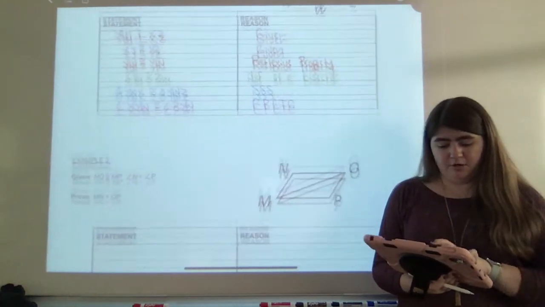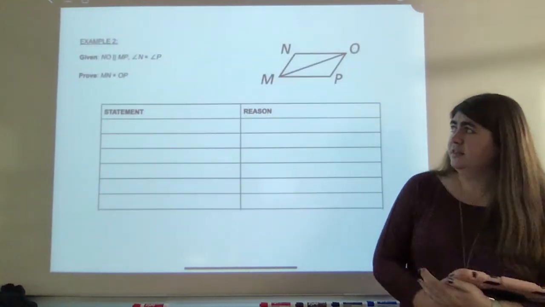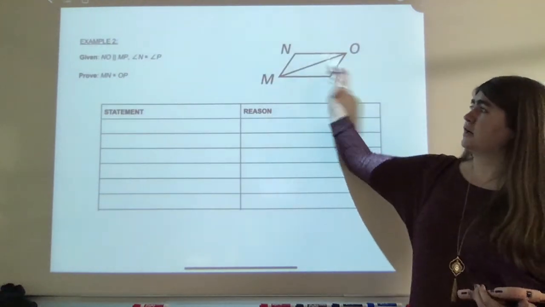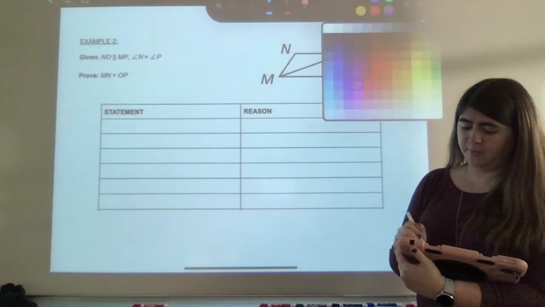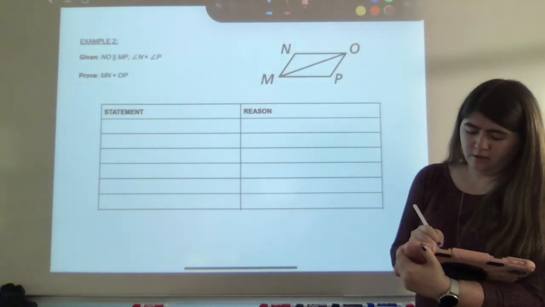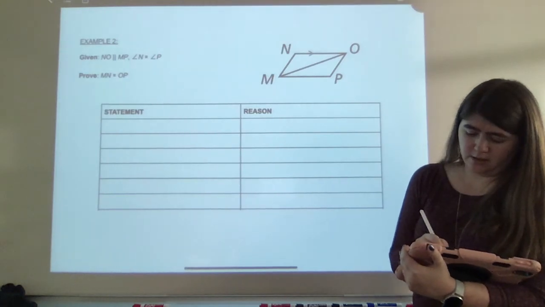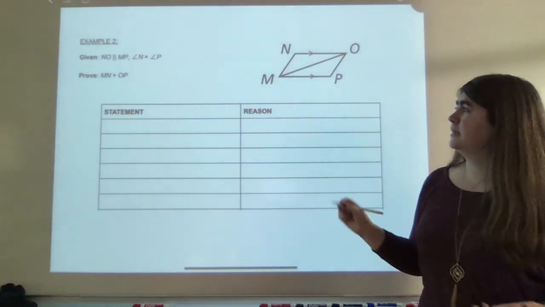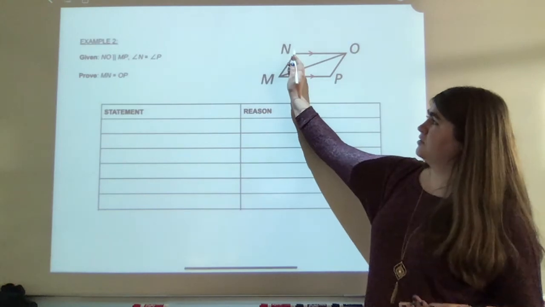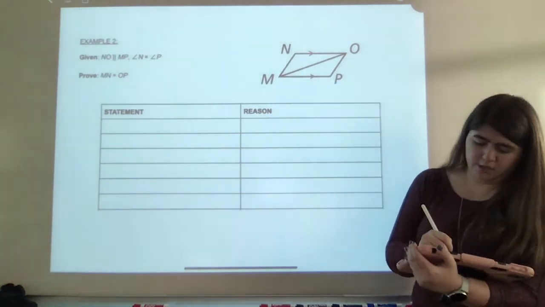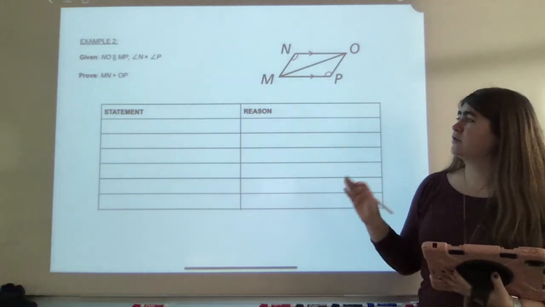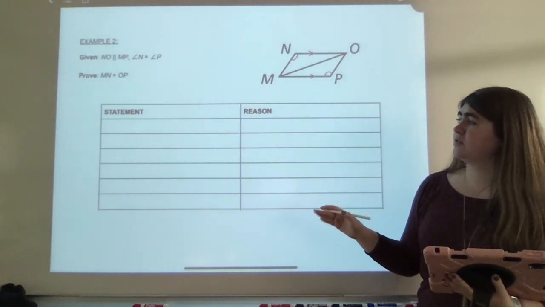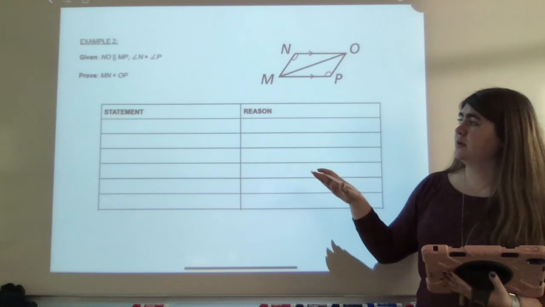Alright, example 2. Given that NO is parallel to MP, okay, that's telling me that it is parallel, so I'm going to go ahead and draw my parallel arrows on there. And it says that angle N is congruent to angle P, so I know these two angles are congruent. Okay, so I'm going to take those and put them in my given statements here.